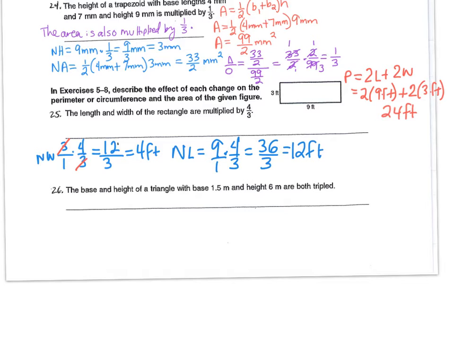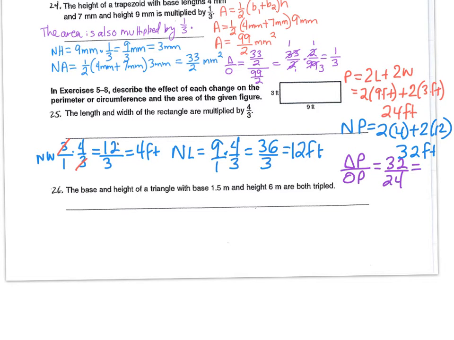So now let me get the new perimeter. So new perimeter would be 2 times 4 plus 2 times 12. And that would be 8 plus 24, which is 32. So this is 32 feet. So when I compare the change of the perimeter over the original perimeter, that was 32 divided by 24, and then I simplify, by 8 it's 4, by 8 is 3.